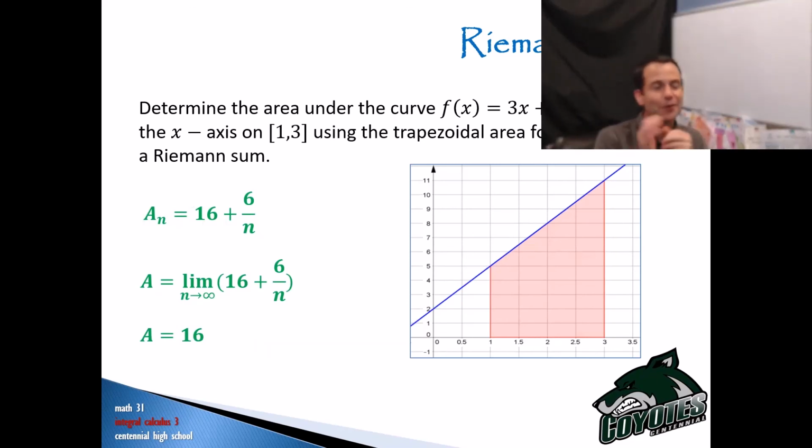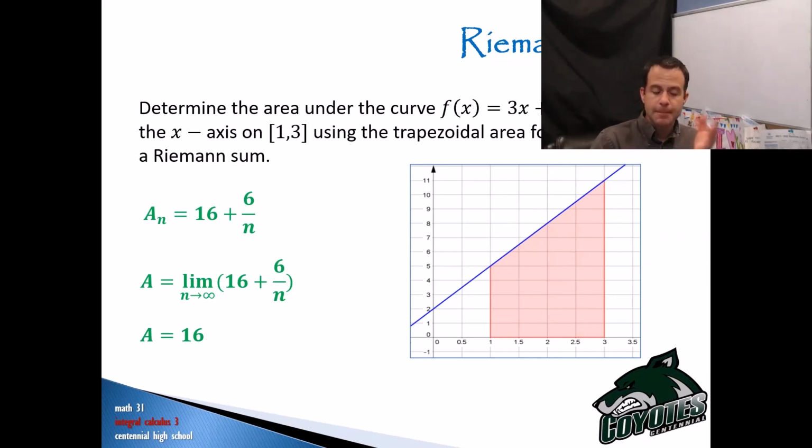Okay, so 16 units squared. I've now shown it to you with a nice, simple, compact formula, and I've shown it to you with Riemann sum. Again, if I was given the choice, I would just use the trapezoid formula, but not everything is going to be this pretty little trapezoid. And so Riemann sum will work regardless of the equation that I'm trying to find the area under.